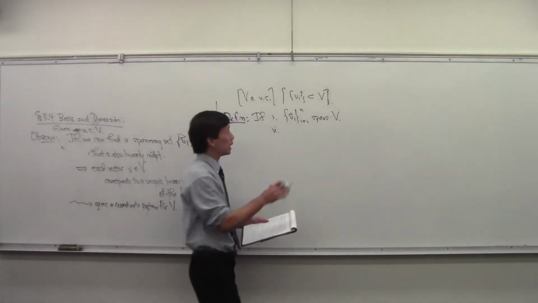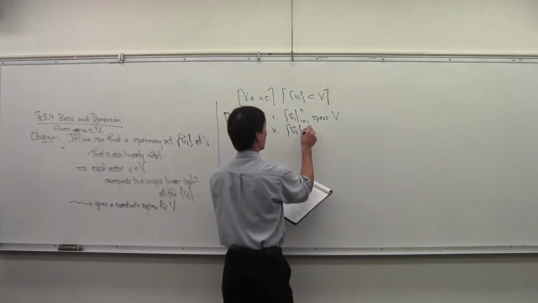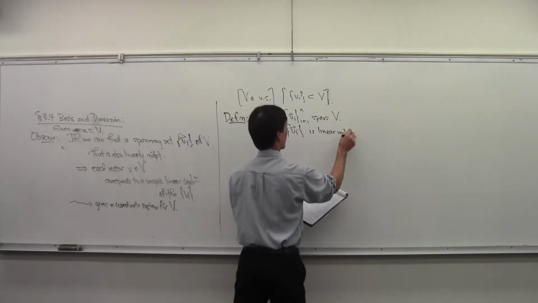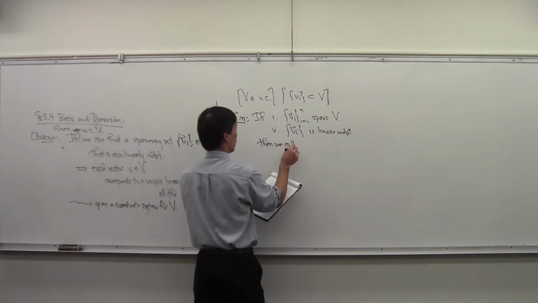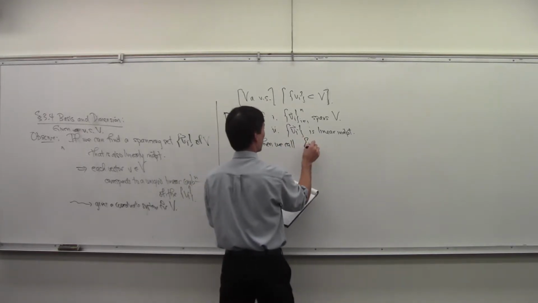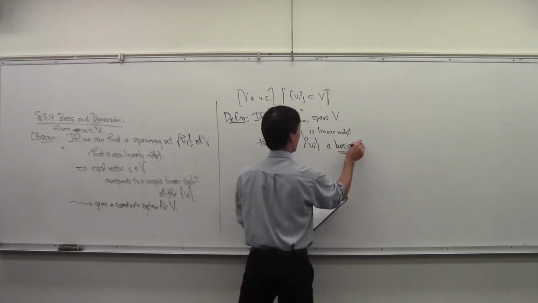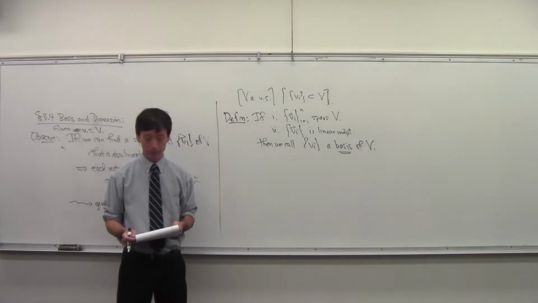If your set spans the whole space and is linearly independent, then we call this Vi thing a basis of V. A basis of V.